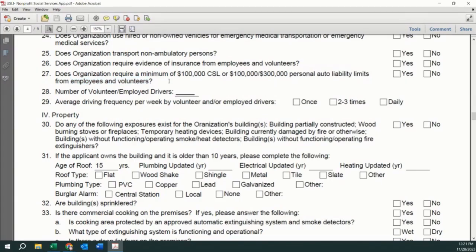And this would be relevant if your house manager is driving a rented vehicle or their own vehicle, and they are taking people to outpatient therapy. And so you'll want to ensure that that is covered, because you as the organization are asking or telling that volunteer or that employee to go do that on behalf of the business.